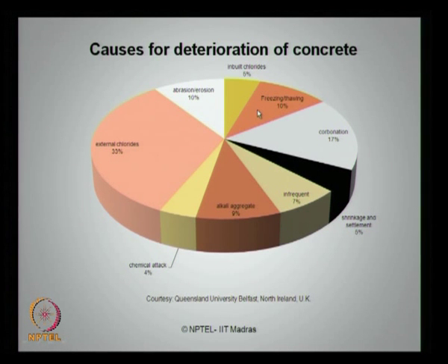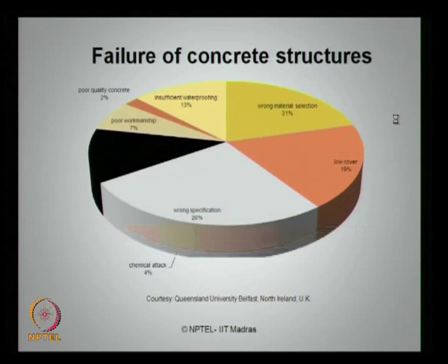Temperature variation in terms of freezing and thawing also contributes to the deterioration of concrete structures in ocean structural systems. Carbonation and alkali aggregates also contribute about 1/4 or 25% in total to the deterioration process.